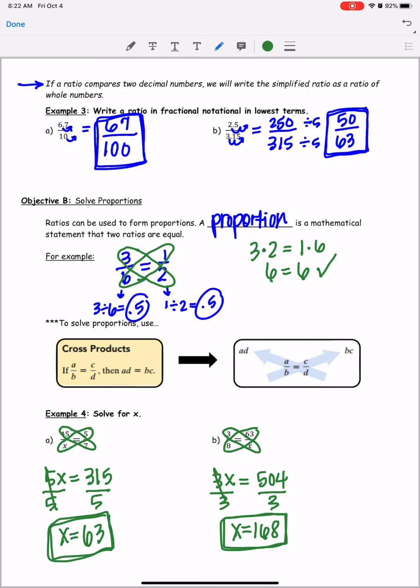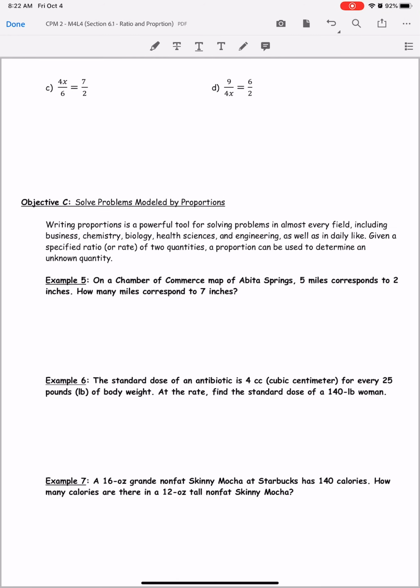Okay, let's flip the page. We got 2 more examples of solving proportions. So same thing, cross multiply where you get that x first. So I'm going to go this way. So 4x times 2 gives me 8x.